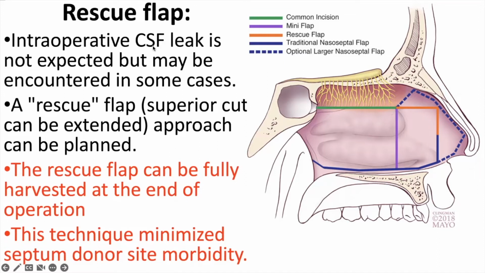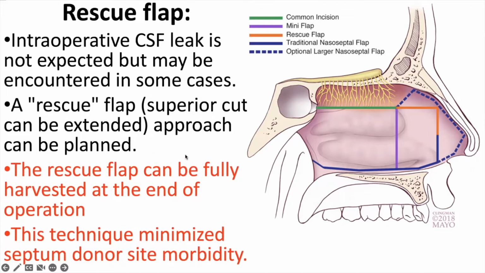Intraoperative CSF leak is sometimes not expected, but it may be encountered suddenly during surgery. So if you have made a provision for a rescue flap, in that I have already told that only the superior cut is made.